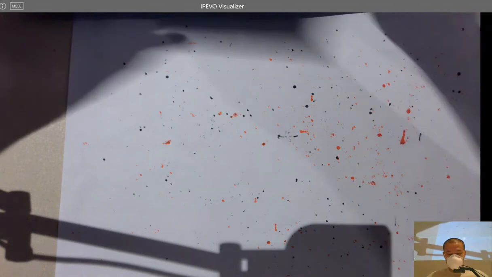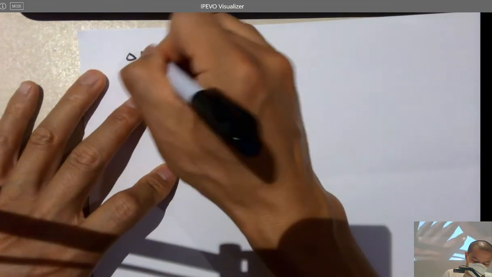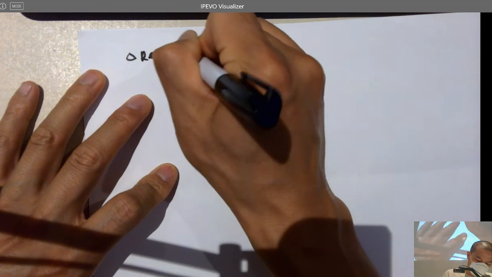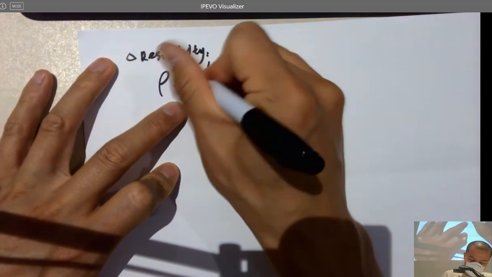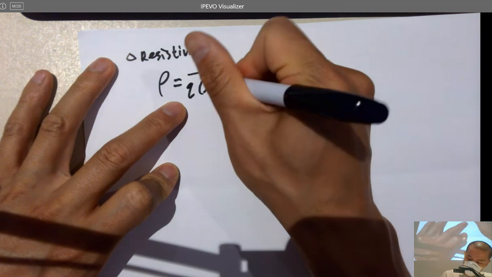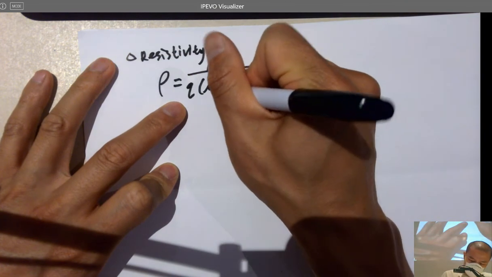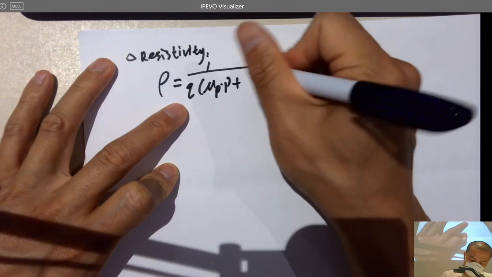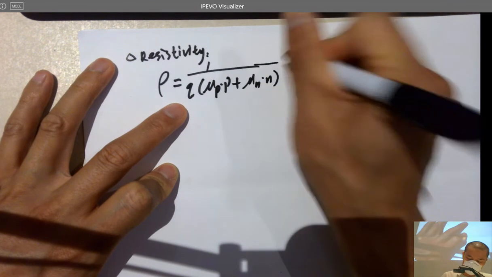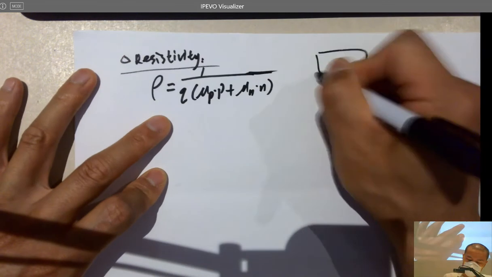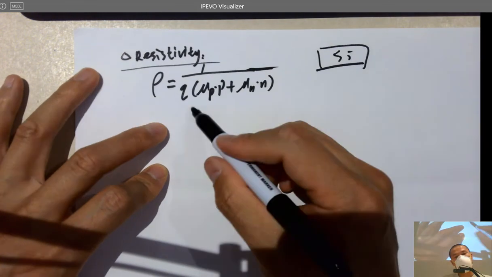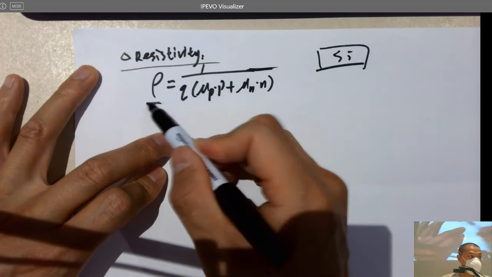Resistivity is rho equals 1 over Q times mu P times P plus mu N times N. That's a piece of silicon, right? It's going to have a resistance. So that's the resistivity.